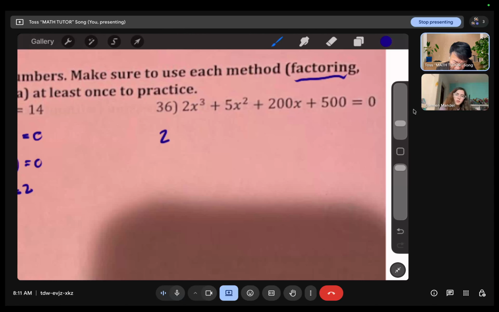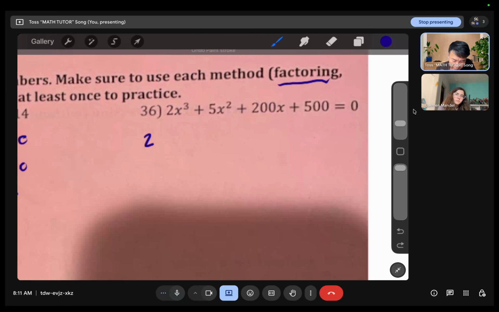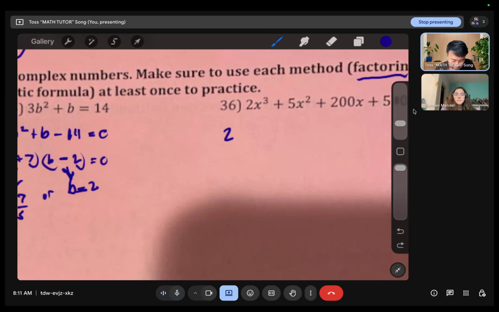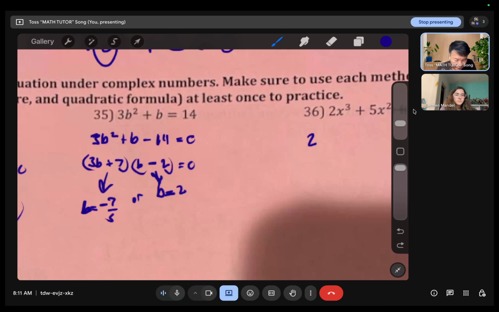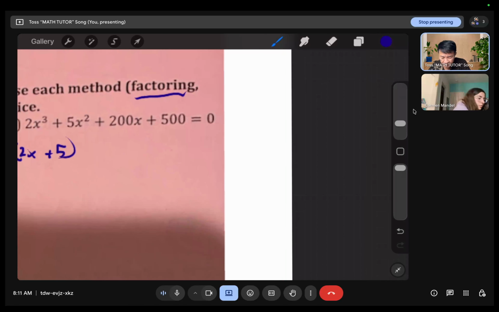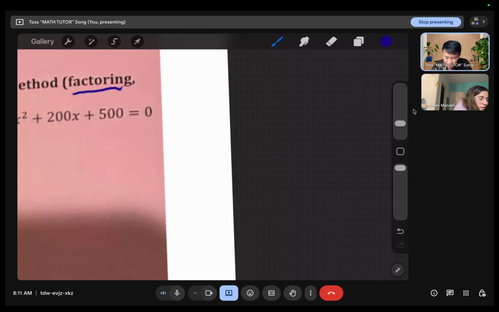Let's continue. A four-term polynomial: every time you do a four term, you kind of ignore the last two and factor the first two the best you can. The common factor for the first two is x squared only. Therefore, you're left with x inside here, x, 2x plus 5. You okay with that? Factor the GCF for the first two, and now you ignore the first two and factor the last two.